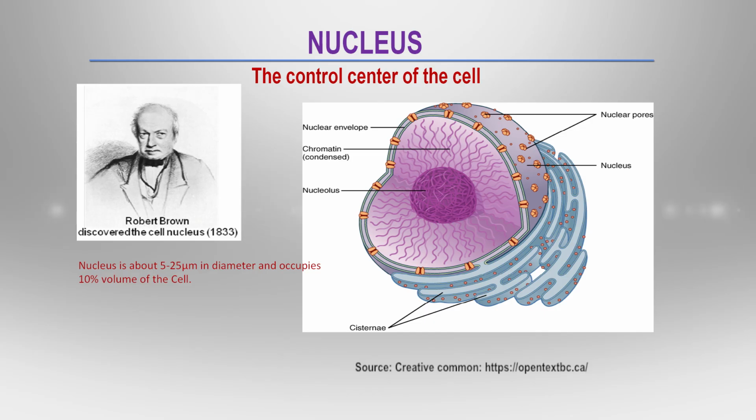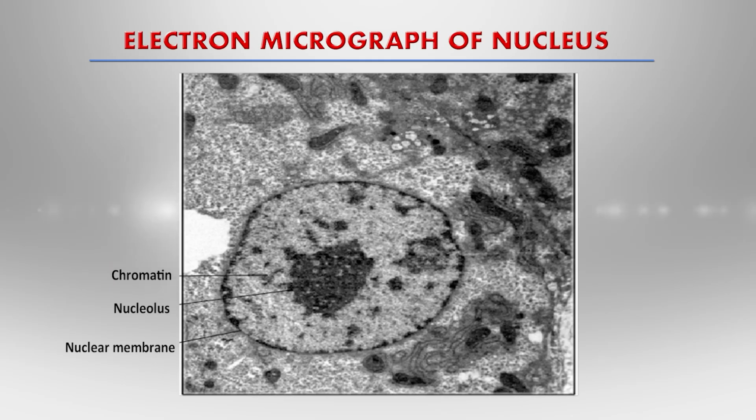You can see here in the electron micrograph of the nucleus that the chromatin is present in the nucleoplasm, and the nucleolus is a rounded dark body of the nucleus. All of it is covered by the nuclear membrane. The nuclear membrane separates the nucleus from the other organelles of the eukaryotic cell.